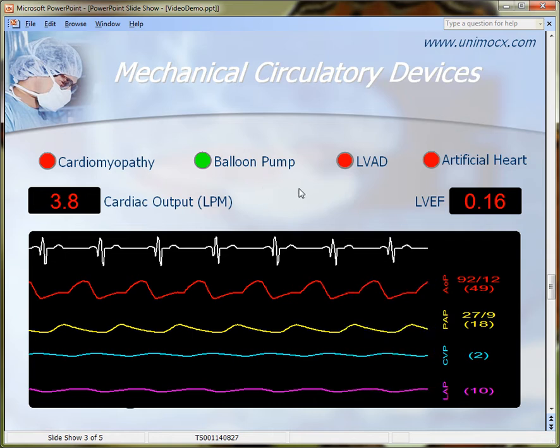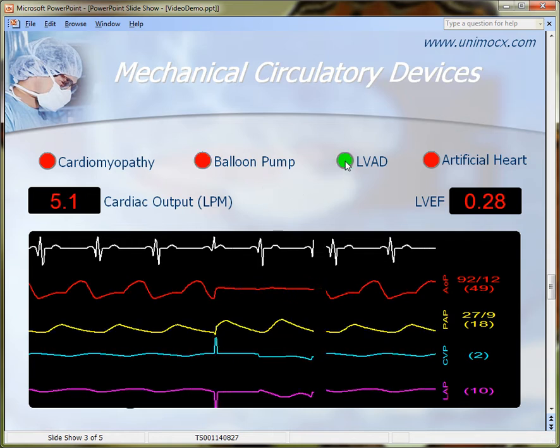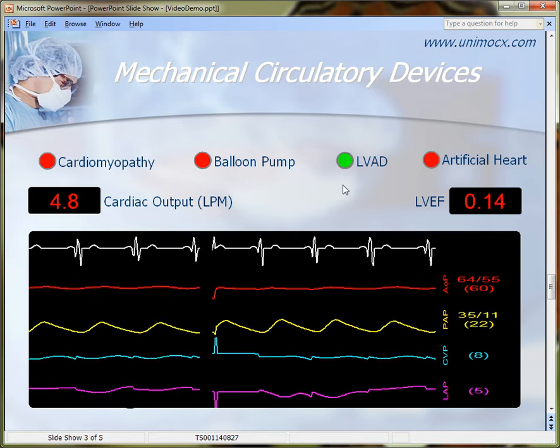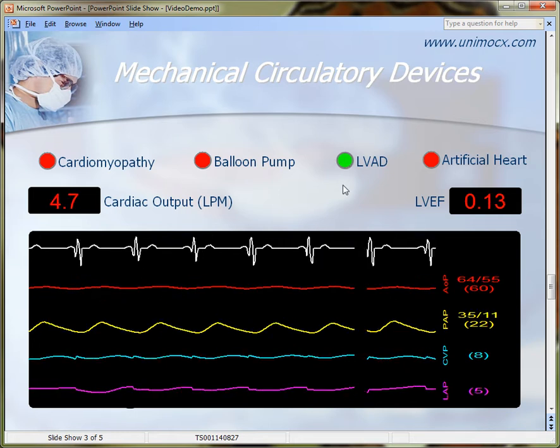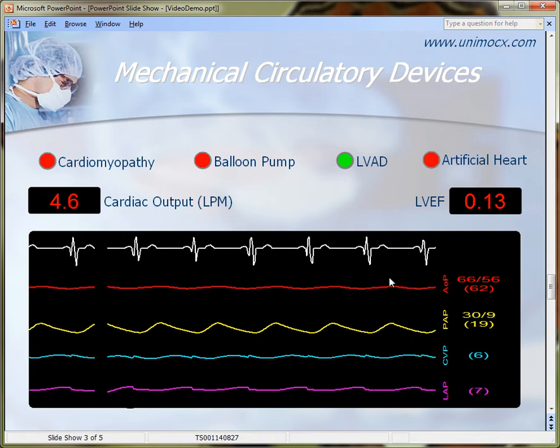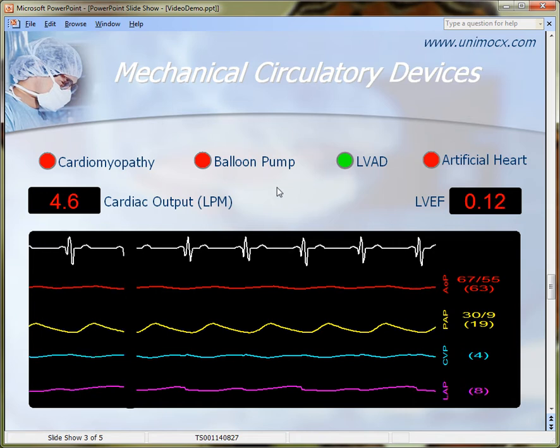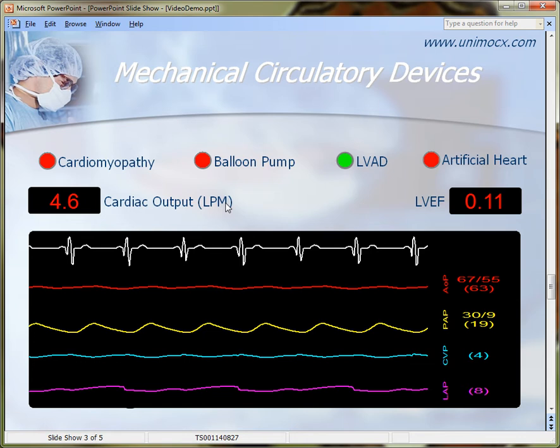Instead of the balloon pump, we could implant a left ventricular assist device. In this case, we're simulating a Thoratec HeartMate 2 device, and you can see by the aortic pressure trace that we have very low pulsatility, as one would expect with this device. Cardiac output has been increased to about 4.5 liters per minute.